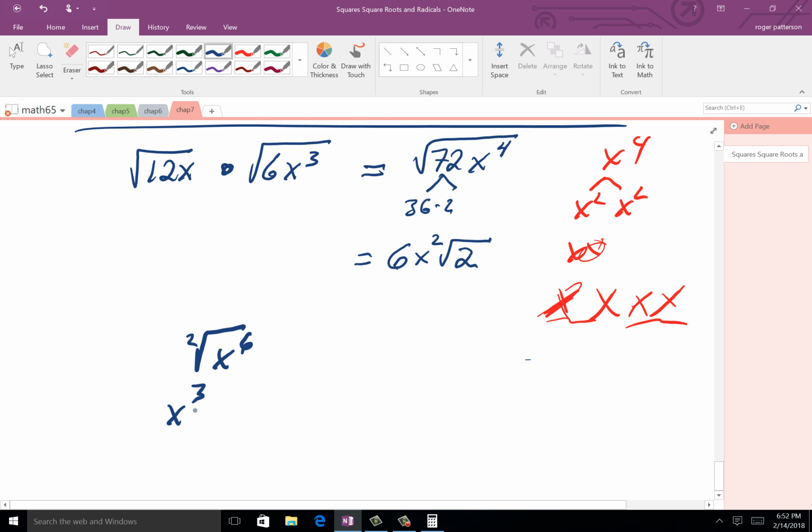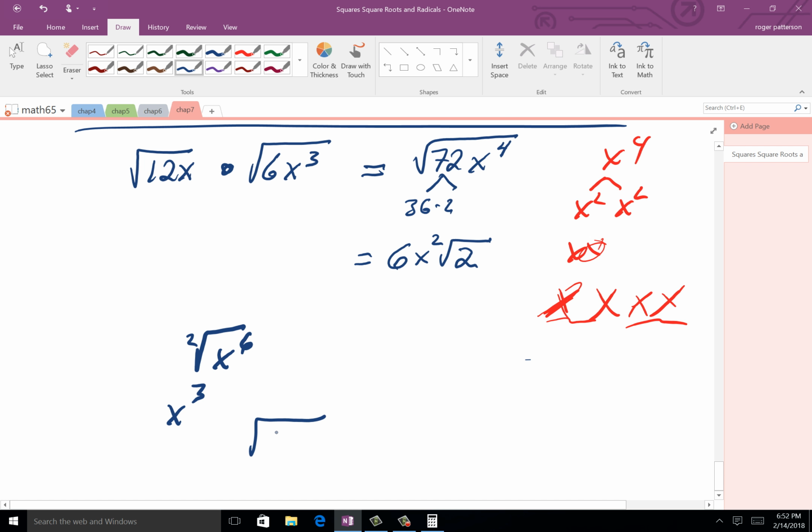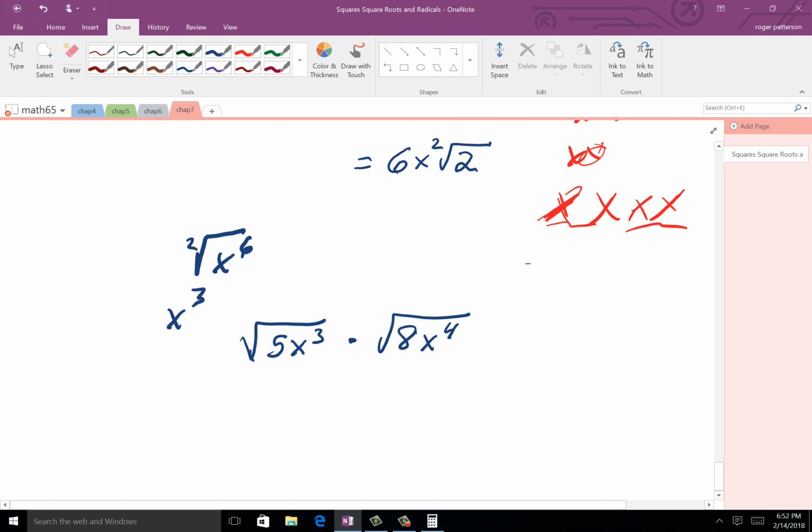Okay. Let's just do one more of these here. This all of a sudden gets thick now. 5x cubed times 8x to the 4th.